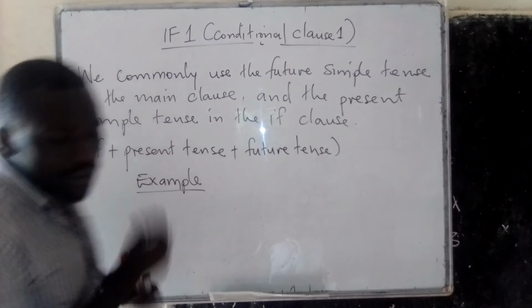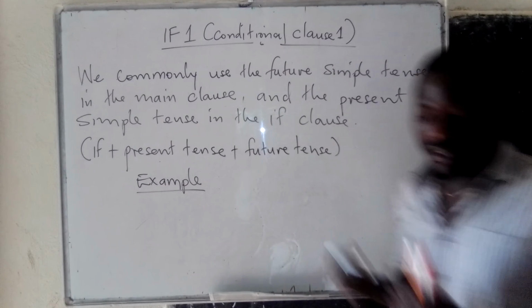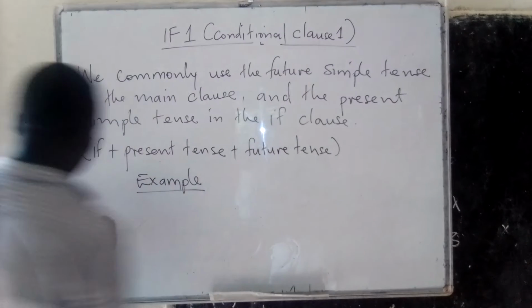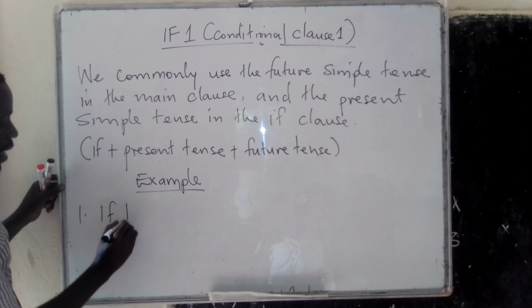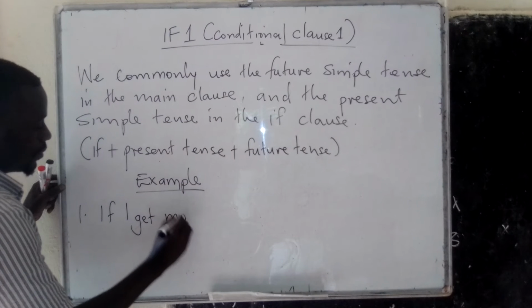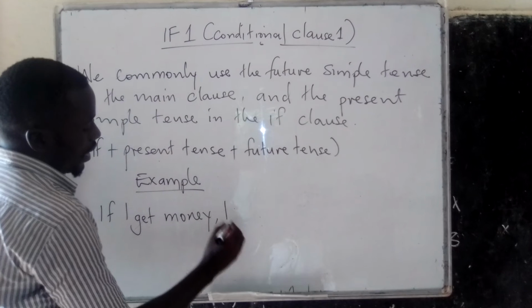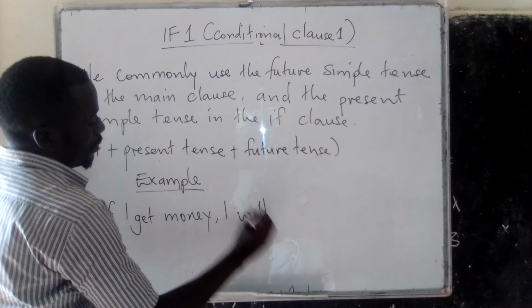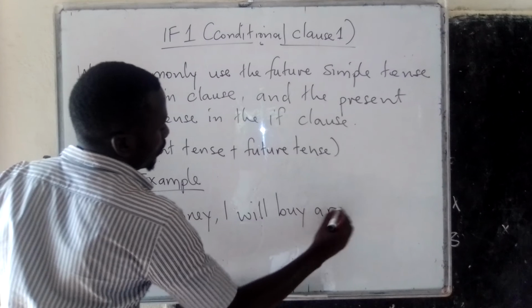Then I will be showing you what is the if clause and what is the main clause. This is our sample sentence 1. If I get money, I will buy a radio.